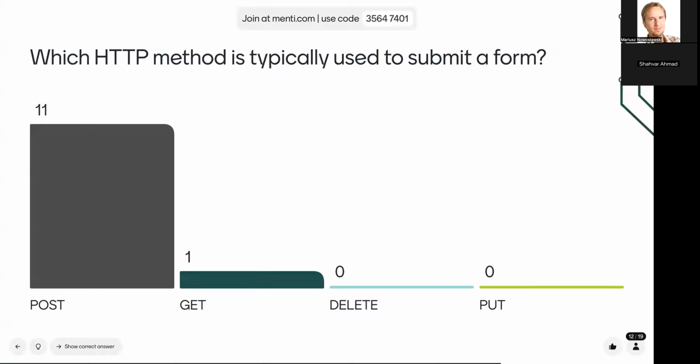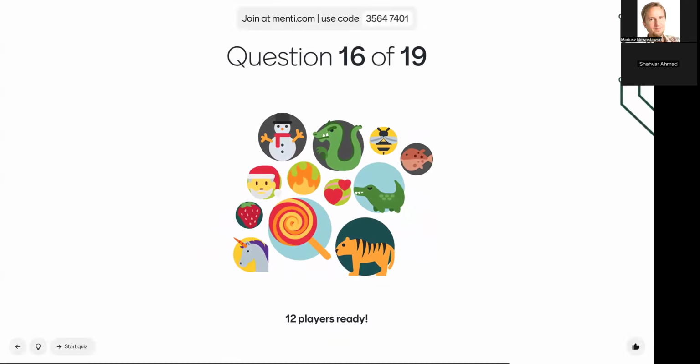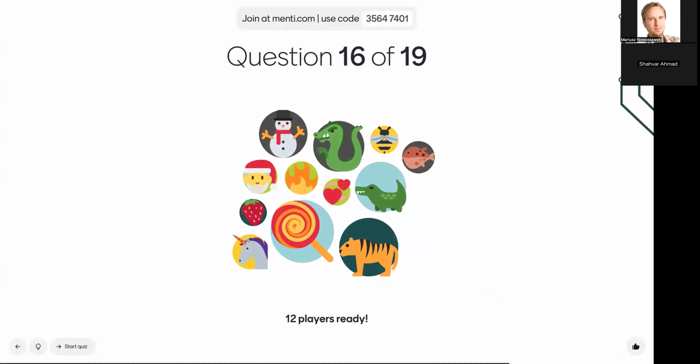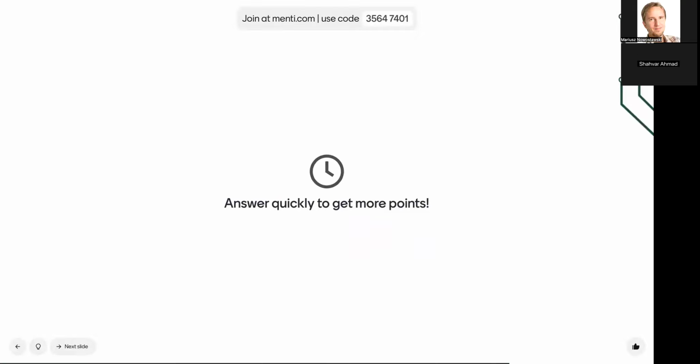Right. Okay, another default port. Okay, need to start that one.